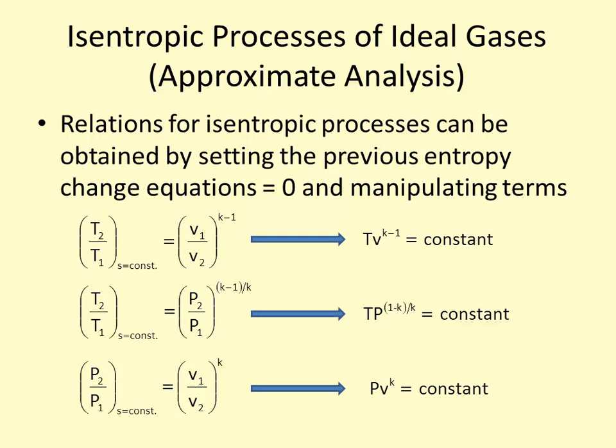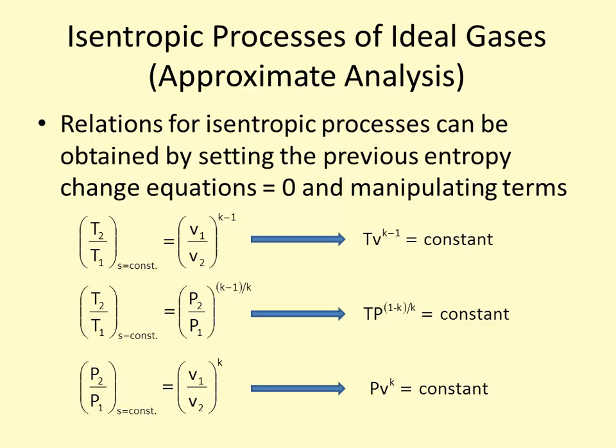Rearrange: natural log of T2 over T1 is equal to R over C sub P, natural log, and this time I'm going to flip these because I just got rid of the negative sign, P1 over P2.